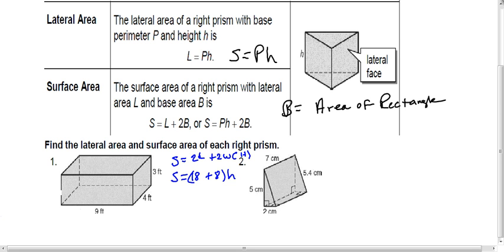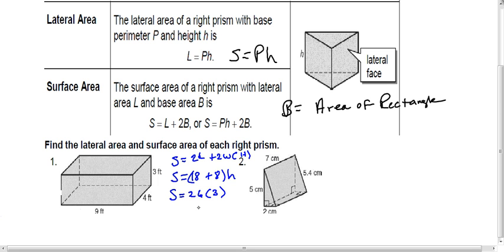So again, what I did is I did the perimeter of the rectangle, which is 2L plus 2W, and I'm going to substitute my L for 9, multiply, get 18, substitute my width for 4, multiply times 2, and I'll get 8, and that'll give me S is equal to 26 times the height, which is 3 feet.